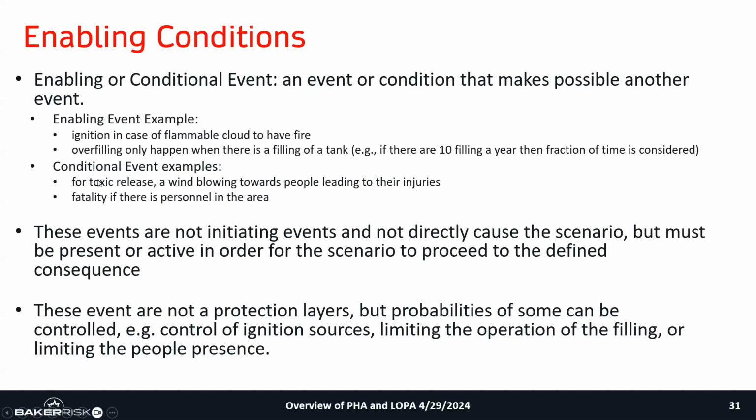For example, if you have a toxic release, one of the conditions is the wind has to be blowing towards the people, leading to their injuries. There's also conditional, like people have to be present in the area when the event happens. So sometimes some clients apply conditional modifiers as well. Enabling conditions are not protective layers, but they're probabilities that can be applied to the LOPA scenario.